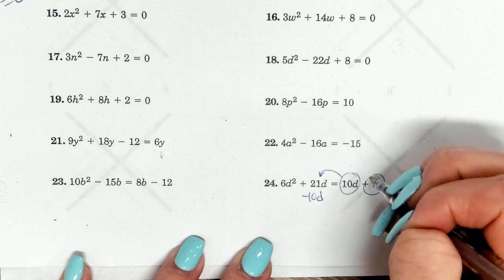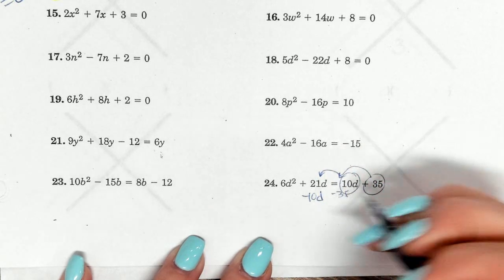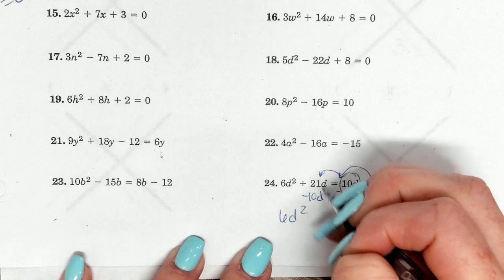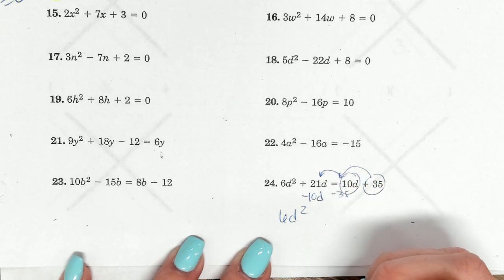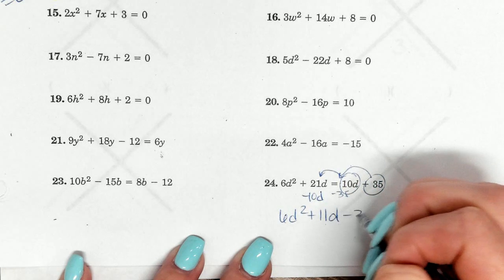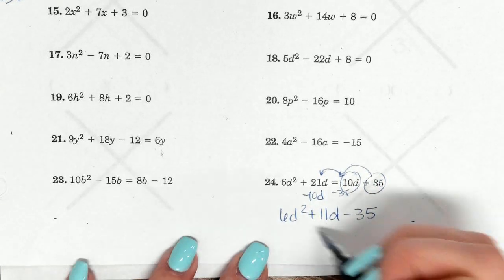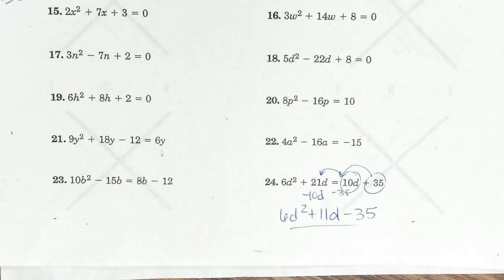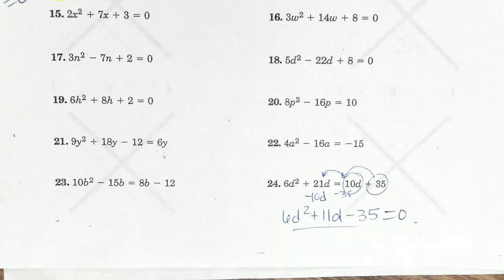And you're going to pull this 35 over by subtraction. So it would be 6D squared, 21 minus 10 is 11D minus 35. And that's what you're going to put in your calculator. Set it equal to 0. Does everybody understand? Okay, get busy.